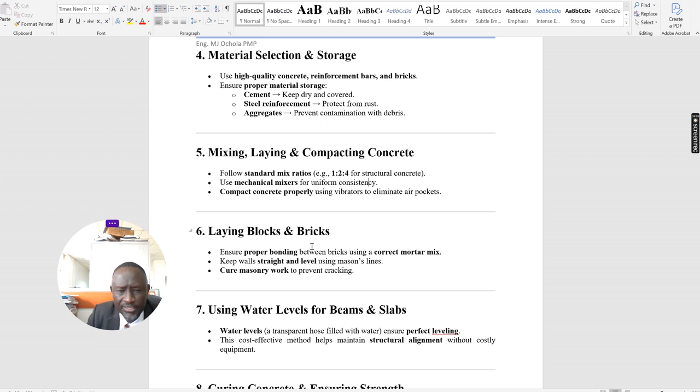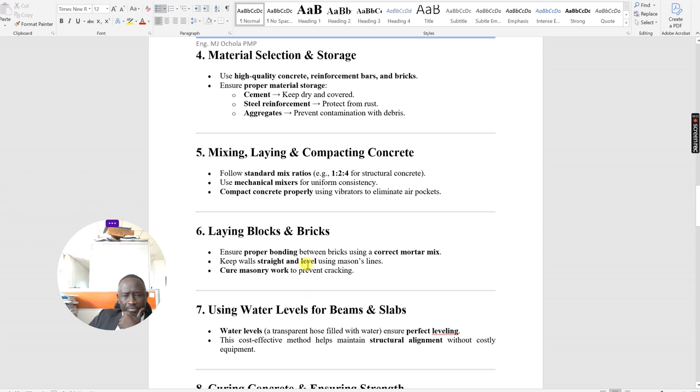So if the mortar joints and the concrete blocks are not well designed, then they will have problems withstanding the loads, and you will see cracks appearing, and then you begin wondering what is causing the problem to the building.